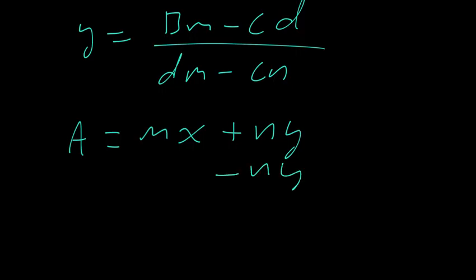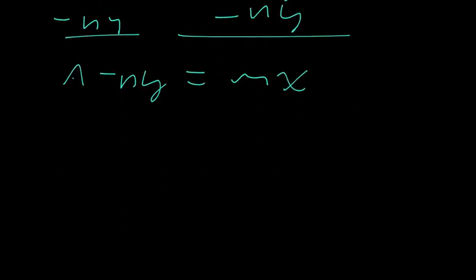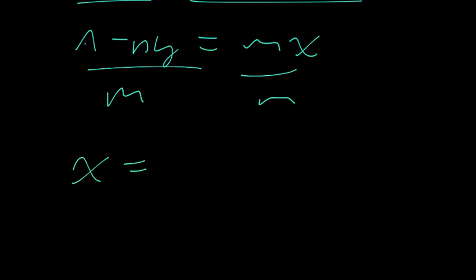And that gives us a minus ny equals mx. Then we're going to divide by m on both sides, and we have that x is equal to a minus ny over m. But we know what y is now, so we're going to plug that in here.